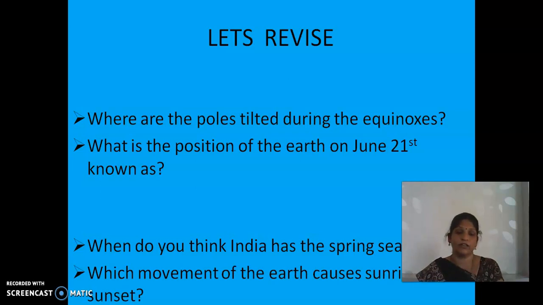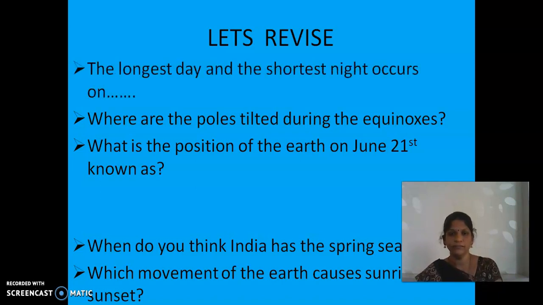Which movement of the earth causes sunrise and sunset? Rotation. The longest day and the shortest night occurs on solstice.